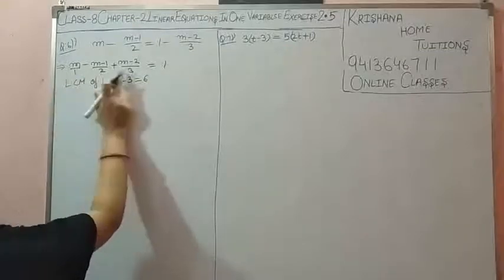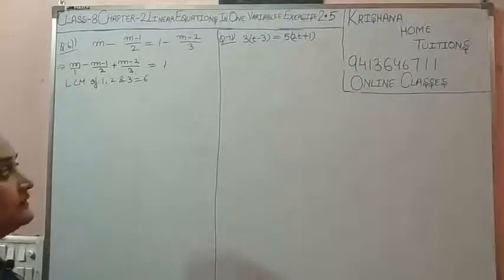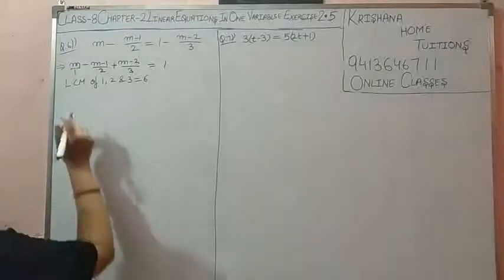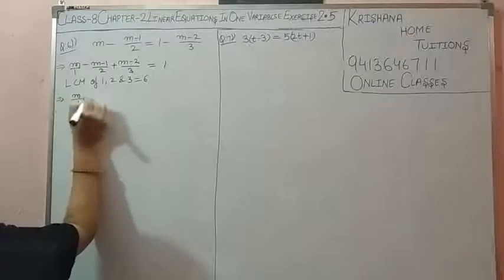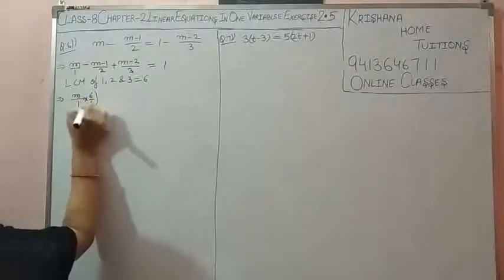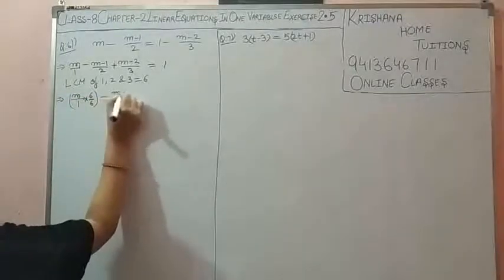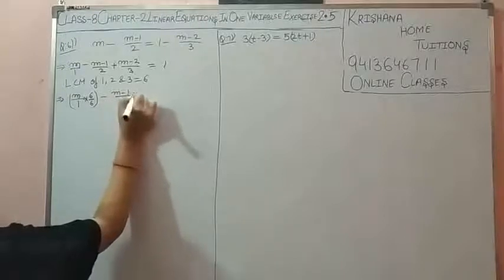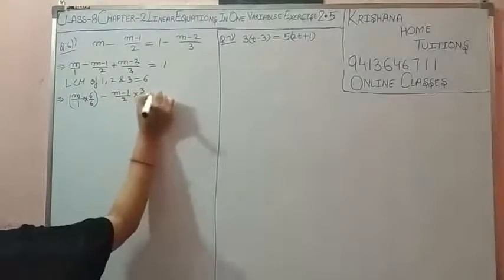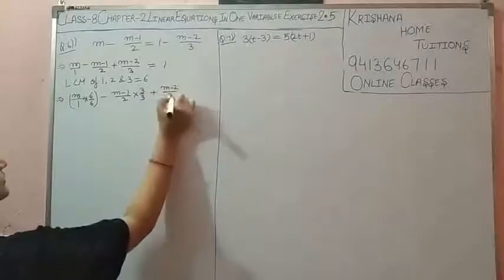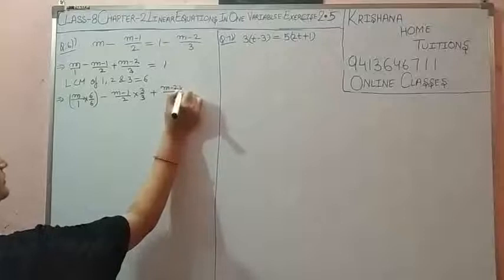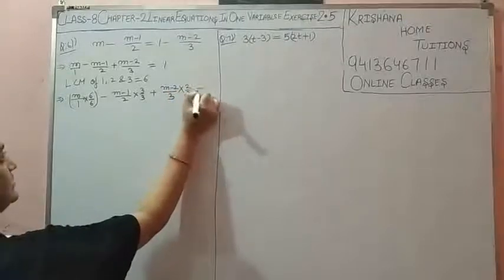Now we have to convert all the denominators to 6. So I am multiplying the first term with 6, the second term with 3 and the third term with 2, is equal to 1.